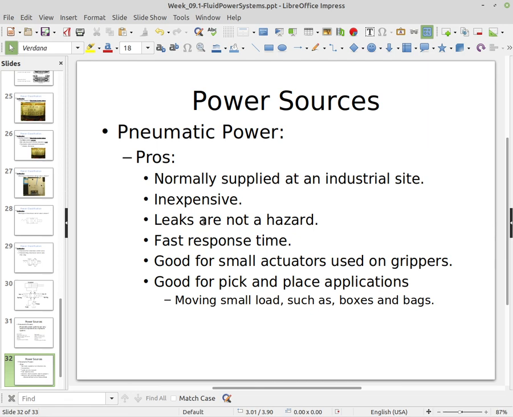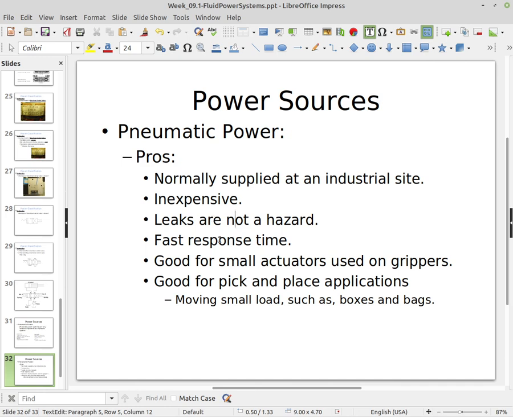Air can leak, and it's generally not a hazard, as long as when the leak pops it doesn't blow pieces flying. But just little leaks here and there are not going to have oil lying around that can be slippery or hazardous to move across, and it's not going to catch on fire.